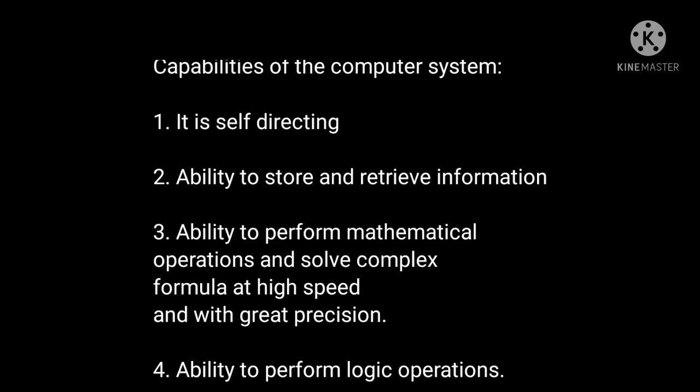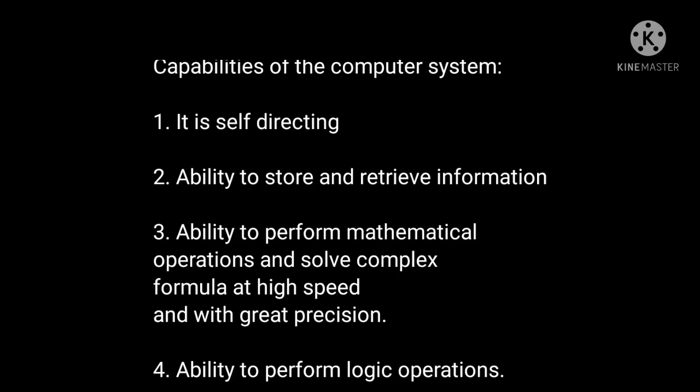The third one is the ability to perform mathematical operations and solve complex formulas at high speed and with great precision. Meaning, a very fast computer can perform the addition of 20 million pairs of 10-digit numbers in 1 second.